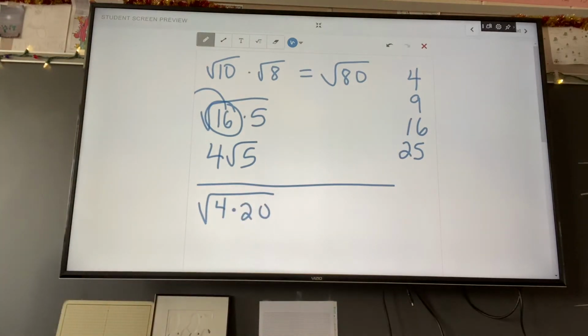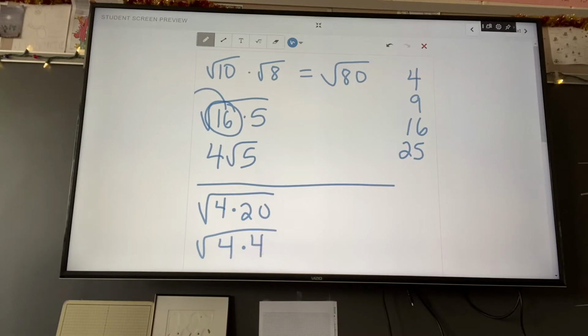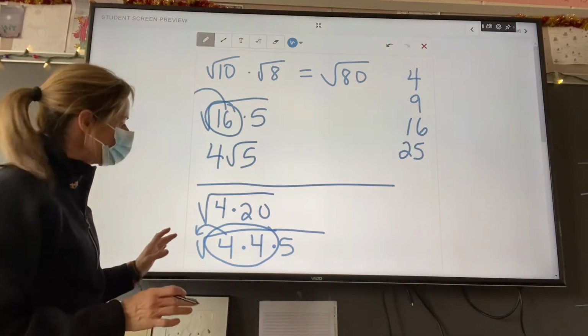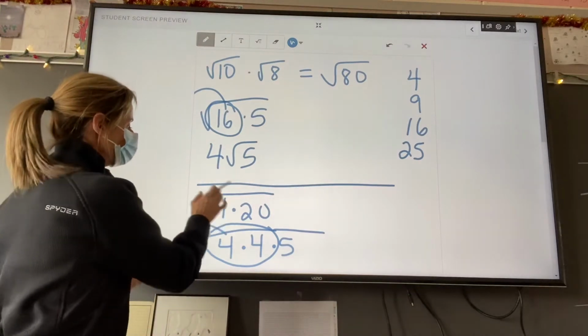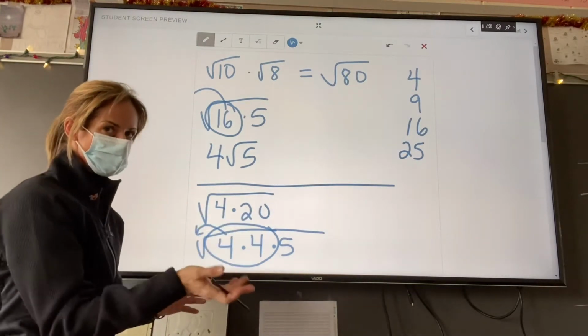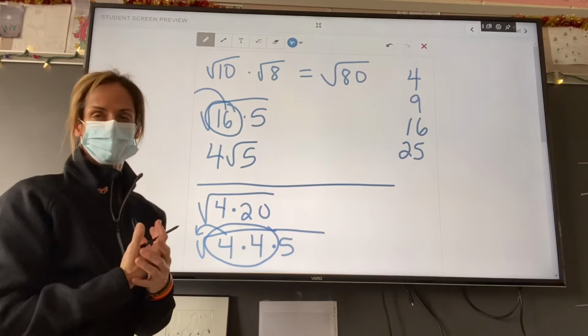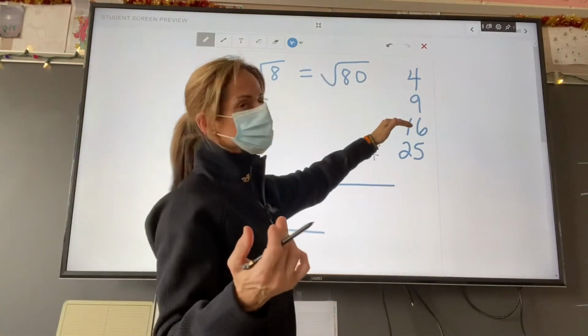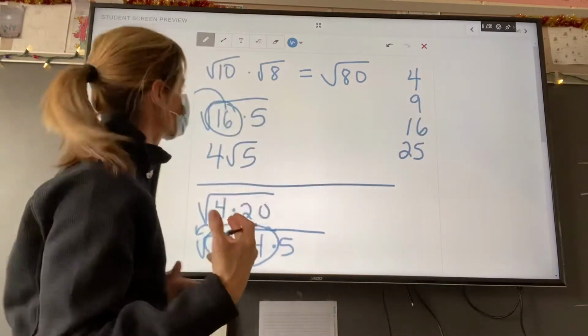So not a problem, we just rewrite it as 4 times 4 times 5. And here's our 16, we take it out, we get the same answer. But there's more possibility of error here, and a lot of times people pull the 4 out as a 2 and say 2 square root of 20, and that's actually not completely simplified. So it's better to find the largest perfect square.